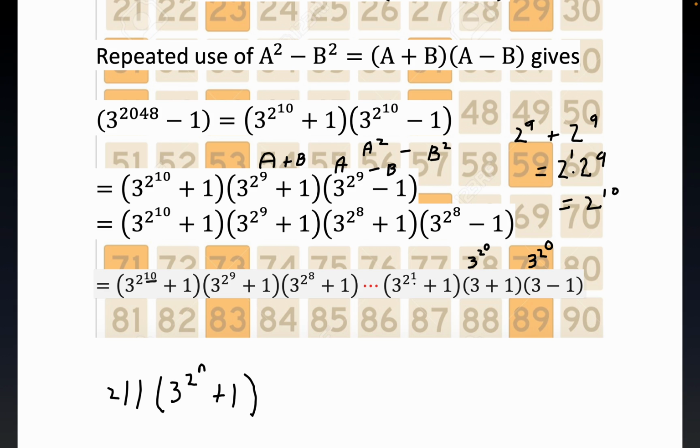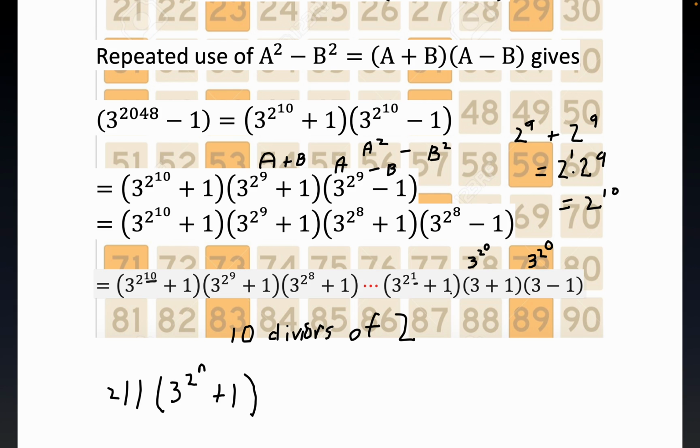That means that you have 10 factors of 2, 10 divisors of 2, and that's happening exactly from here to here. Here's 10, 9, 8, all the way to 1. So that's 10 divisors of 2 in each of these parenthetical quantities.